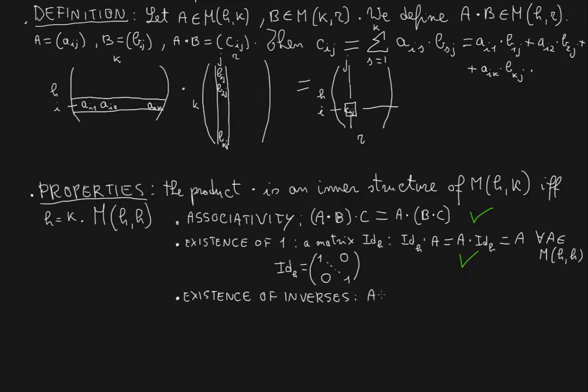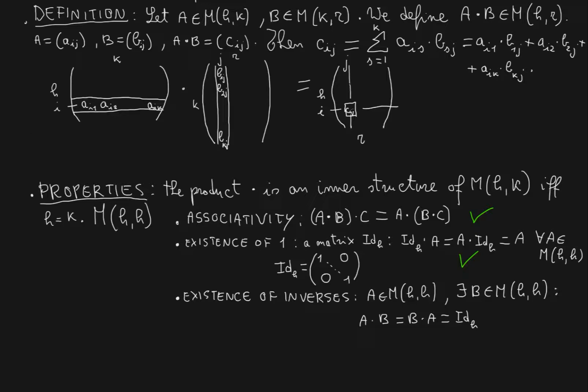Given A in M_{H,H}, does there exist a B in M_{H,H} such that A times B equals B times A, which in turn equals the identity matrix?